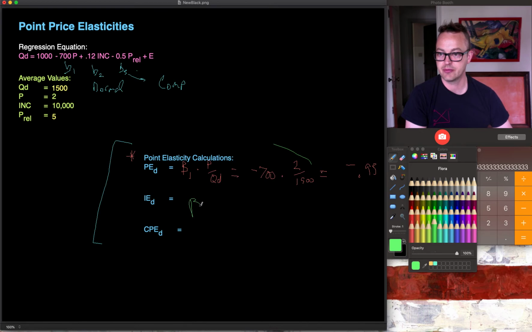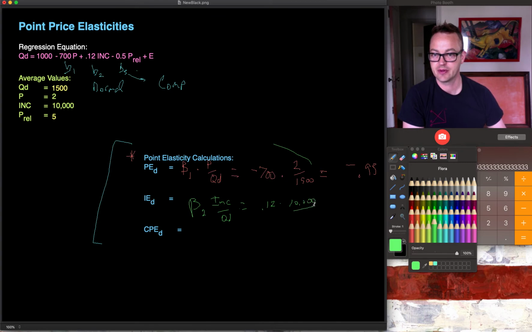Second, for income elasticity of demand, we do the same thing, except we use our income beta, beta 2. Beta 2 times some level of income over, again, quantity demanded. Okay, beta 2 is 0.12. Again, we'll just use averages at our mean level, 10,000, and our quantity demanded at the average is 1,500.